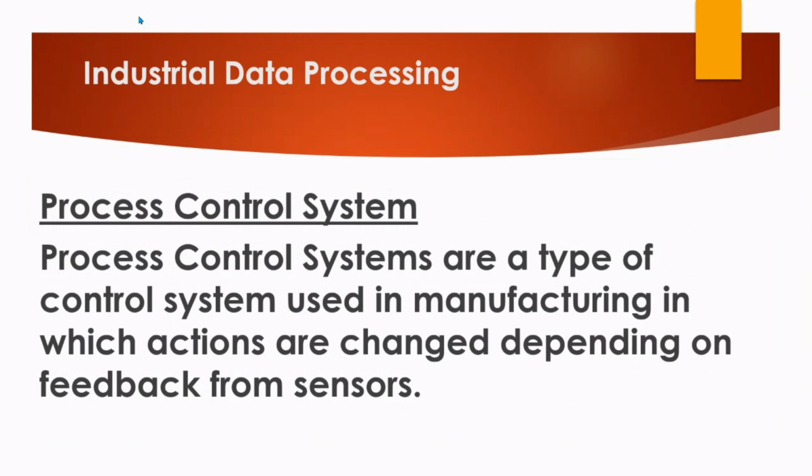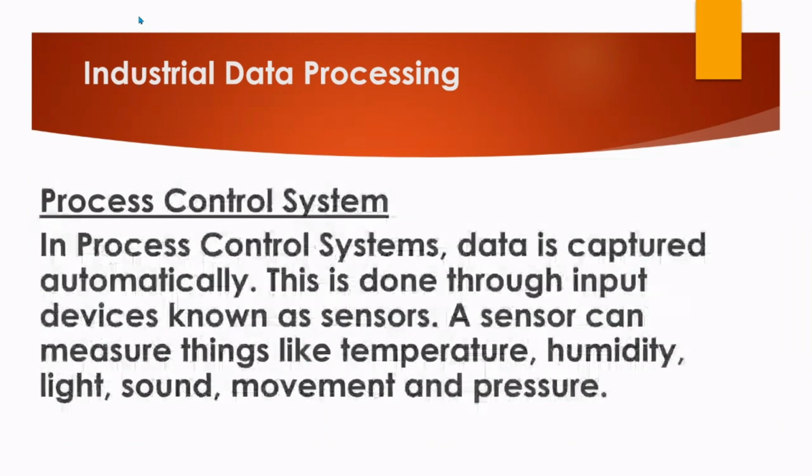How about the lightings that we have outside our homes, that whenever a shadow passes under them, they come on? Do you think these can be examples of process control systems? Well, indeed, yes, they can, as they do control sensors. And as was mentioned in the definition before, a sensor can measure things like temperature, humidity, light, sound, movement, and pressure.